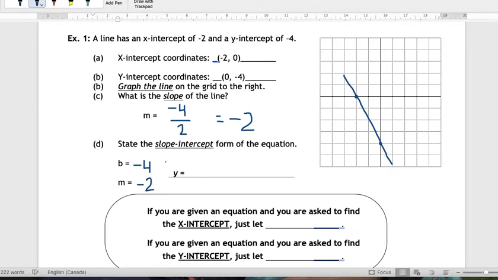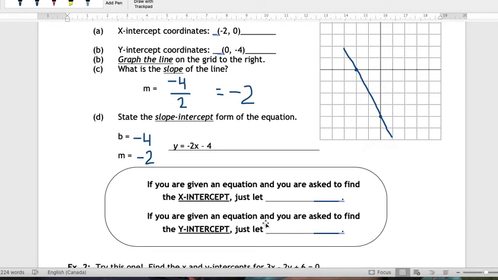So in the form y equals mx plus b, we have y equals -2x minus 4. You take your slope, plug it in beside your x variable, and your y-intercept gets placed here.